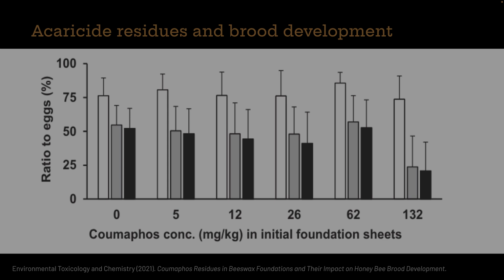So, this decline in brood viability is a direct representation of the threat to colony regeneration and long-term sustainability. The findings emphasize the need to reduce the levels of coumaphos residue in hive materials to protect future generations of honeybees.